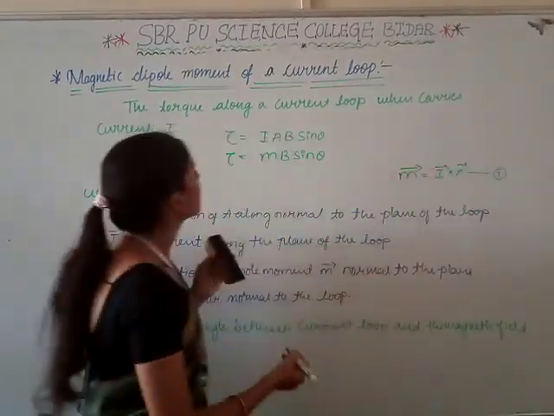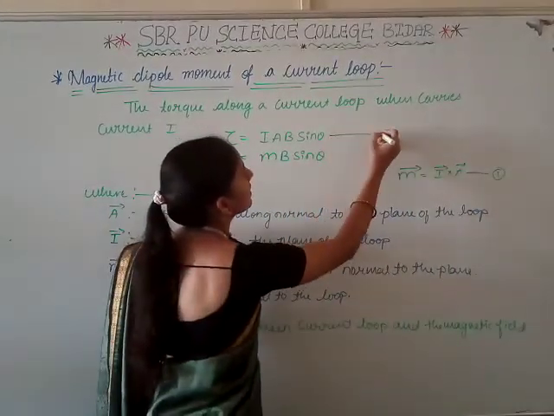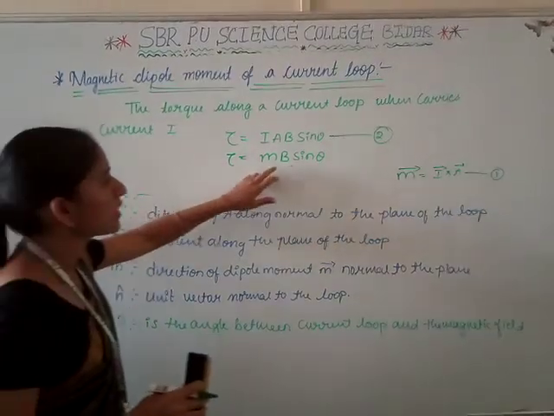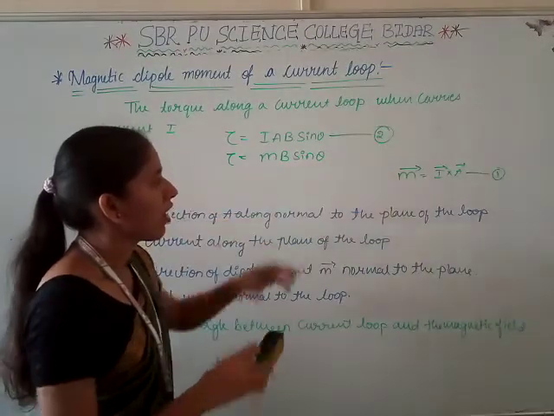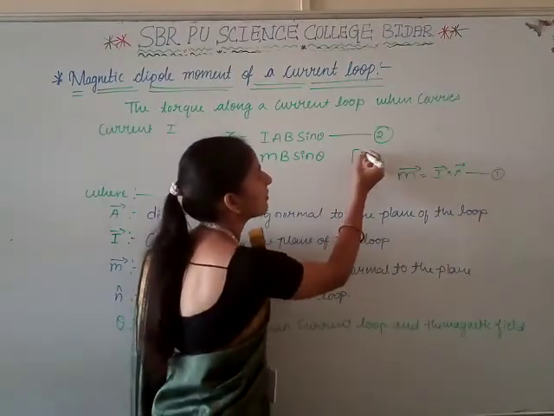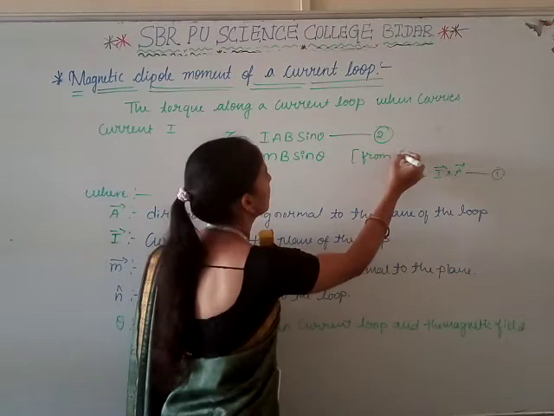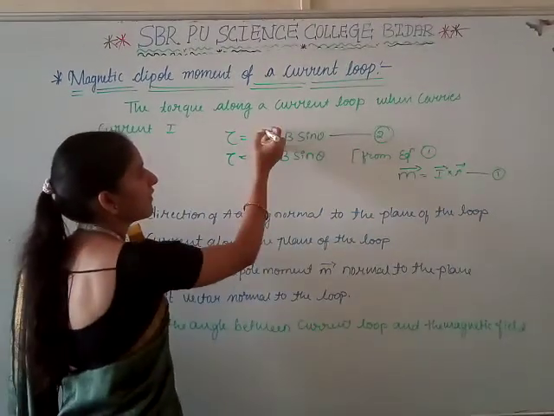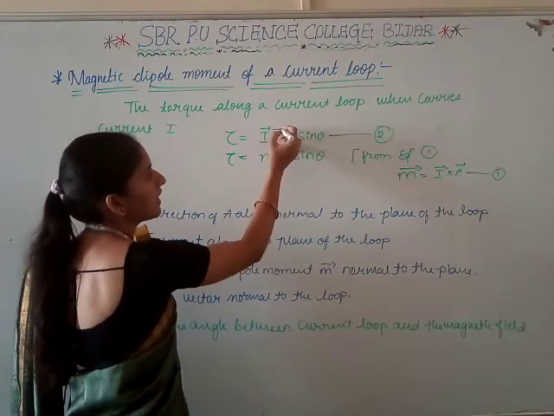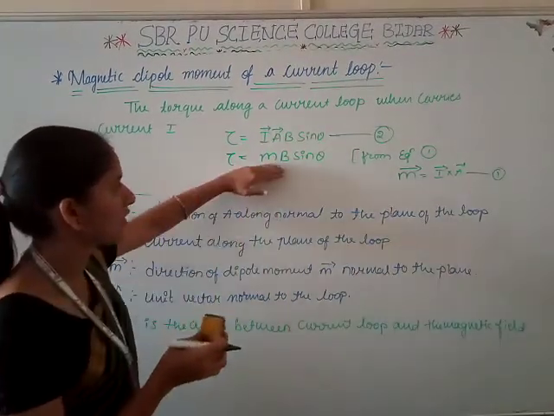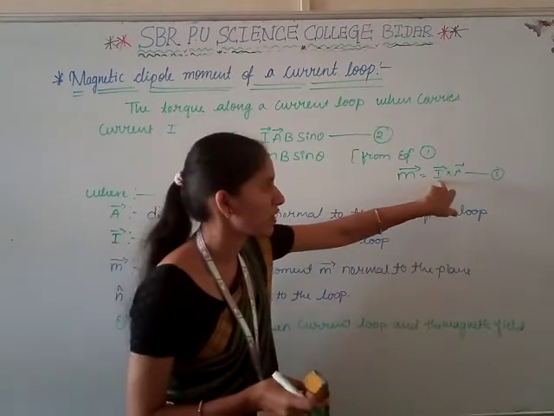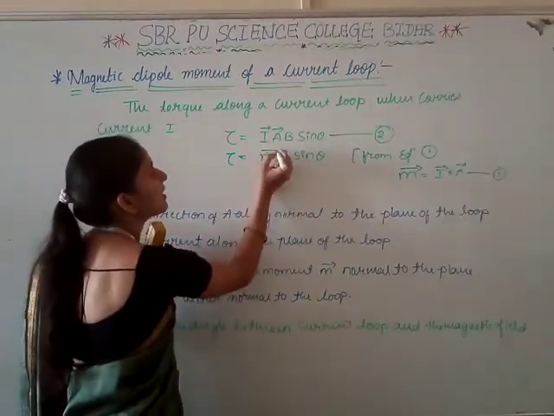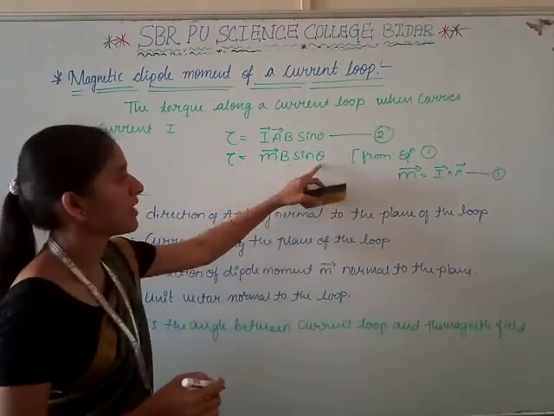Next, this is equation 2. Now, tau equals MB sin theta. How are we writing this? From equation 1, we have IA B sin theta, where the product of vector I and vector A is vector M. That is, tau equals MB sin theta.